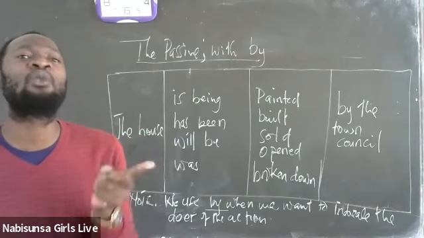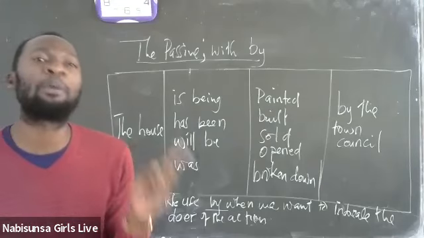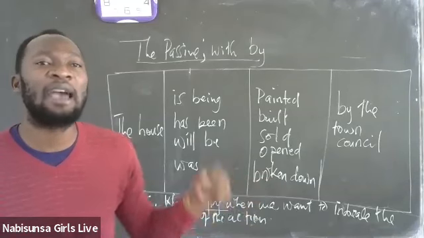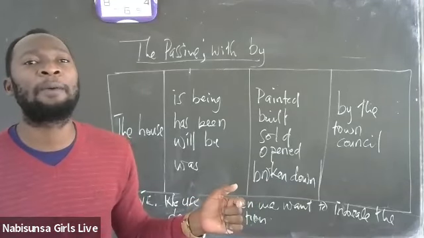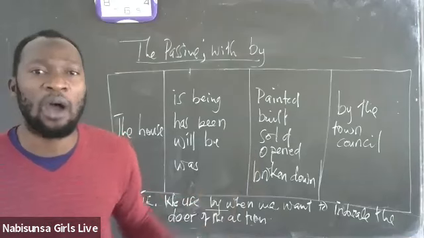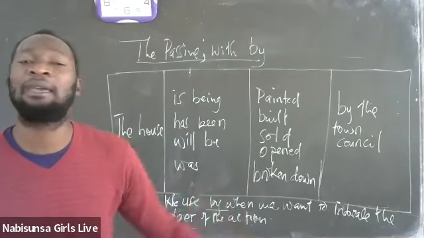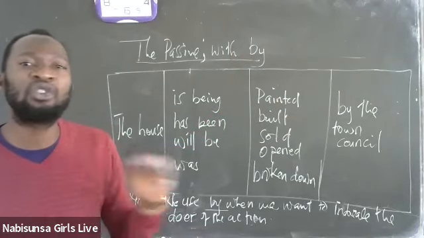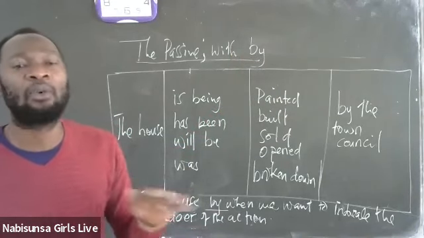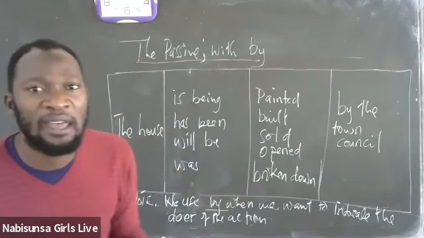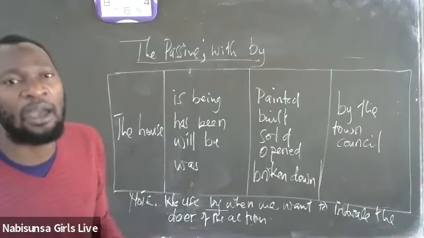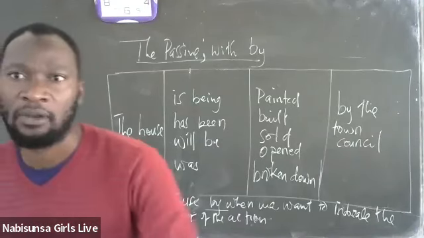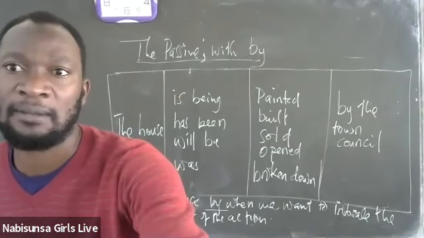Then I said, the room is being swept by Sarah. So what I was trying to mean is that here, maybe the presenter wants to indicate the doer of the action. But remember, in the first instance I said we do not use by them or by. Why? Because we are not interested in the doer of the action, but rather we are interested in the action itself. Do you understand? Teacher, yes.